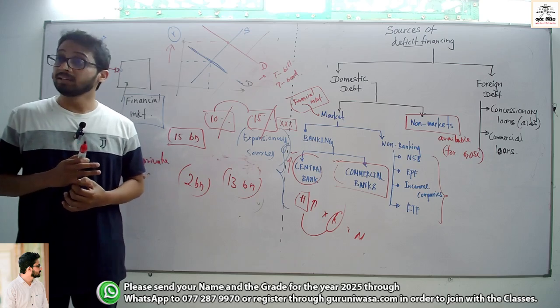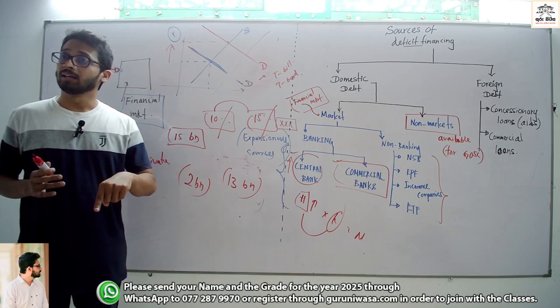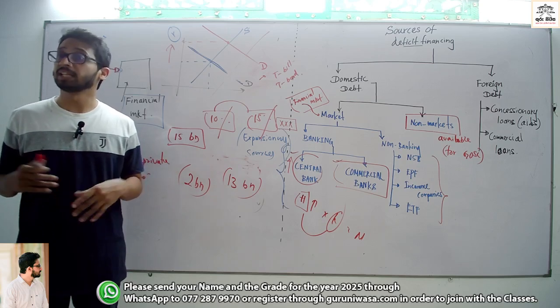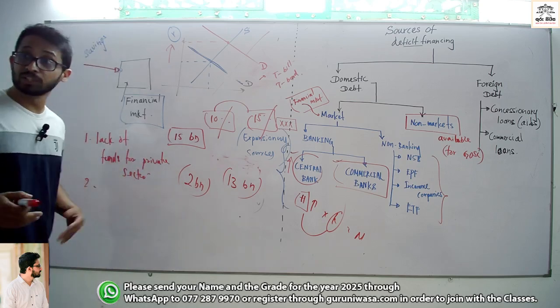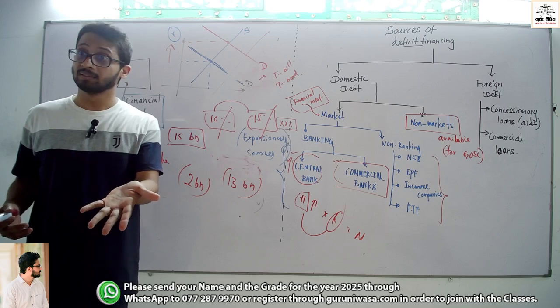starts to increase. Then again, the private sector will have another disadvantage. What is the disadvantage? Another problem: higher interest. Even though they borrow funds from the financial market, they have to pay higher interest.